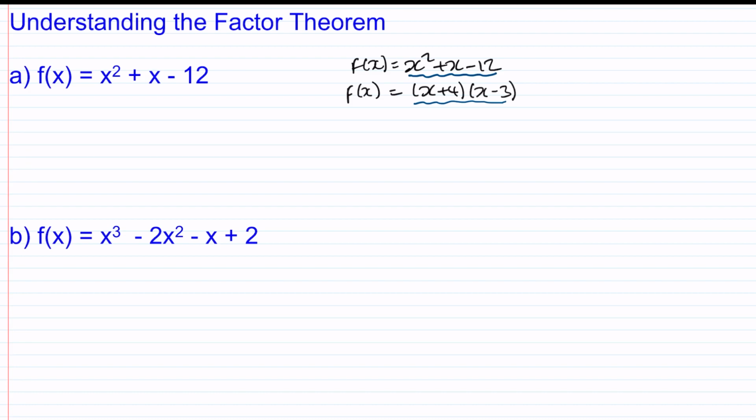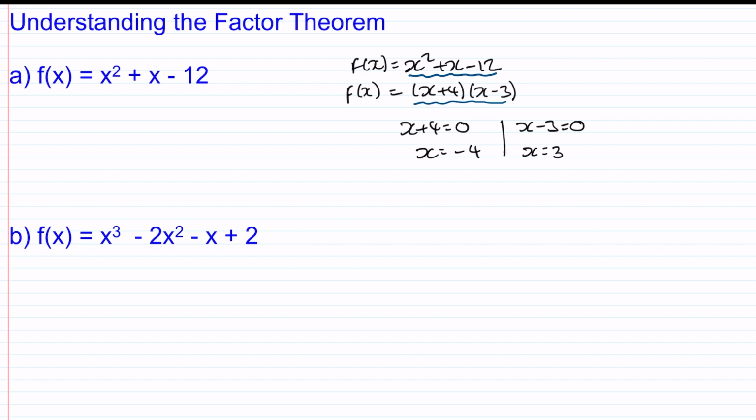is 0. So if we make x plus 4 equal to 0, then x will have to equal negative 4. Or if we made x minus 3 equal to 0, then x will have to equal 3.